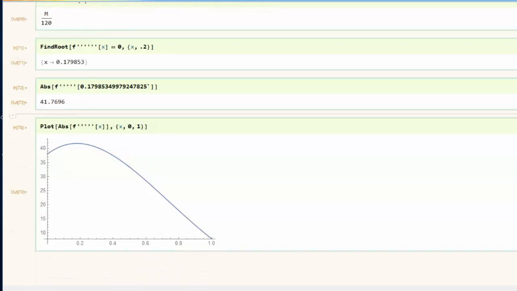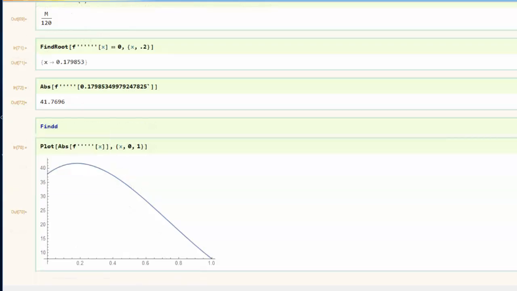Now the other thing I could do is use the built-in command, find maximum. To use this command, the first argument is the function I'm trying to find the maximum of, which in this case is the absolute value of the fifth derivative. And then I have to give find maximum a starting point for the algorithm.